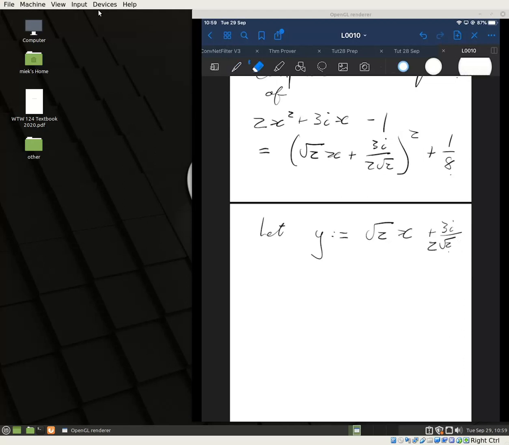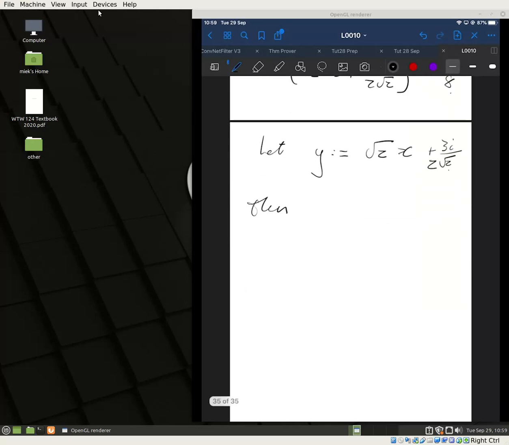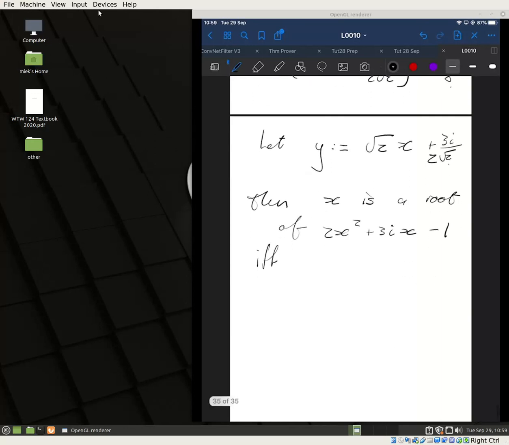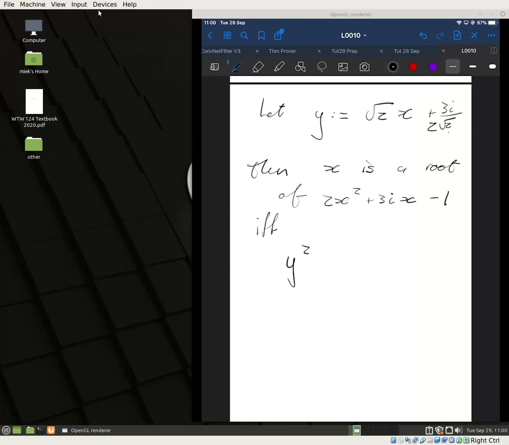Then x is a root of our polynomial 2x squared plus 3ix minus 1 if and only if y squared is equal to minus 1 over 8.